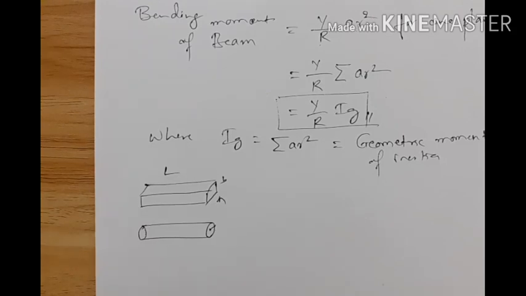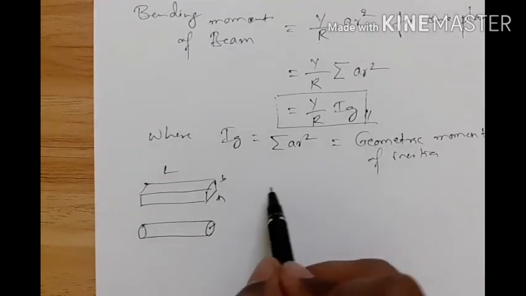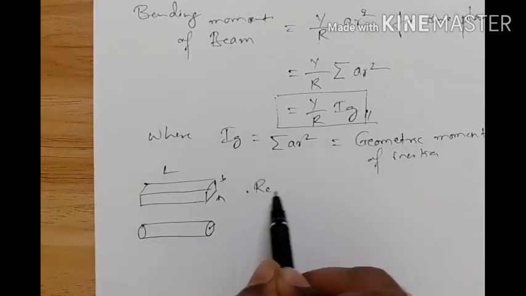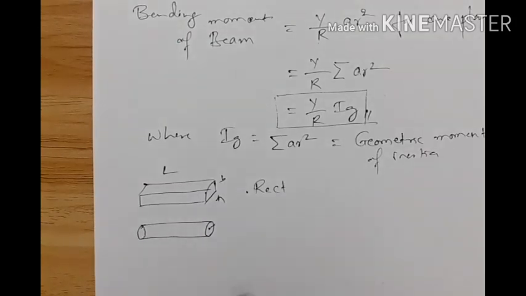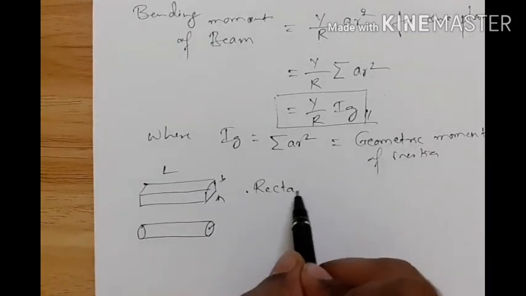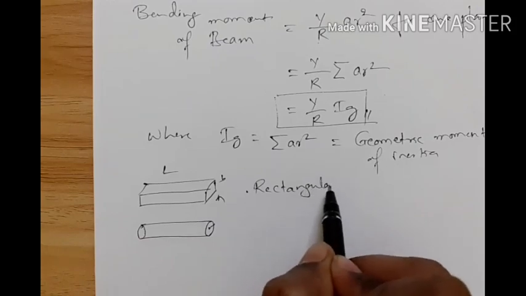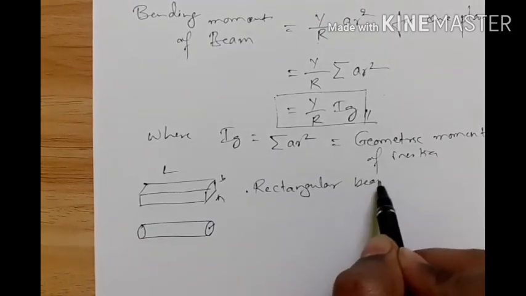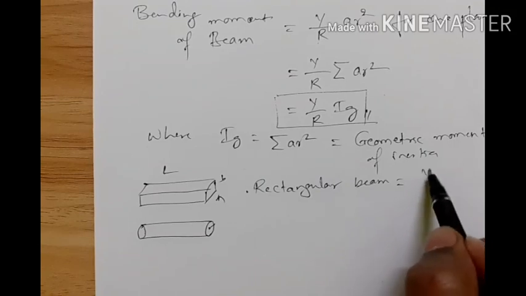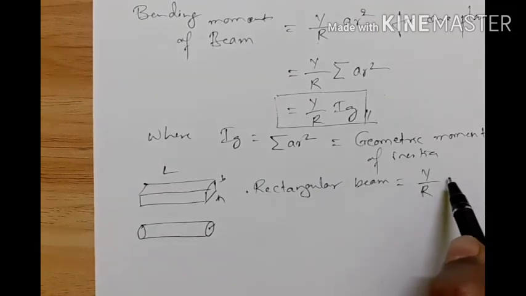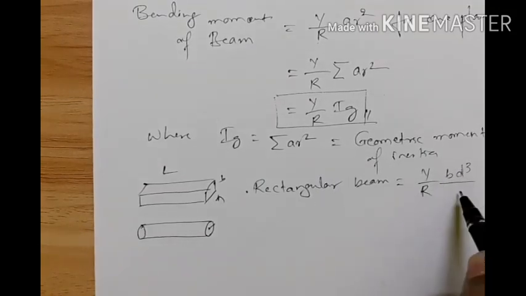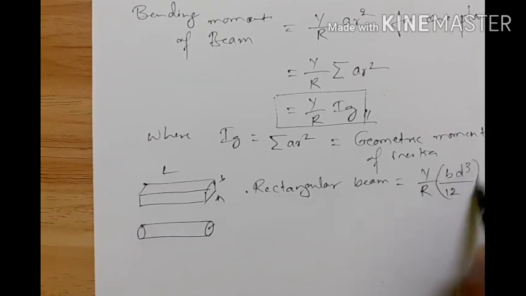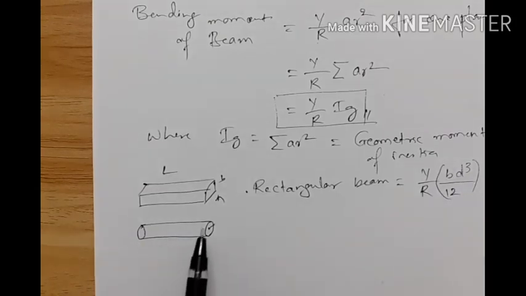So for the bending moment of a rectangular beam, where the cross sectional area is a rectangle, the bending moment is given as Y divided by R, and I am directly writing b d cube divided by 12. So this is the formula for the rectangular beam.